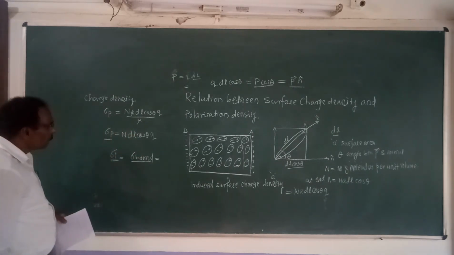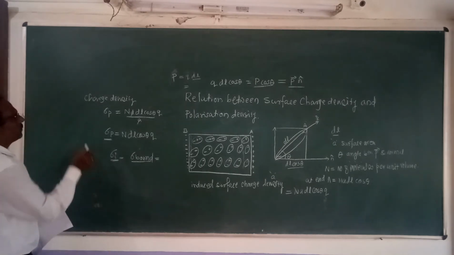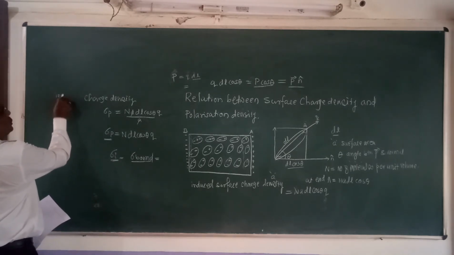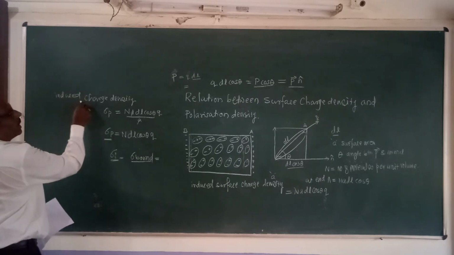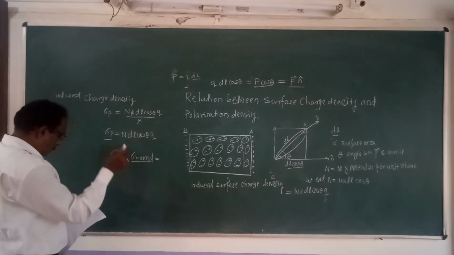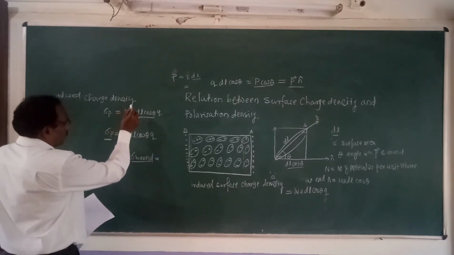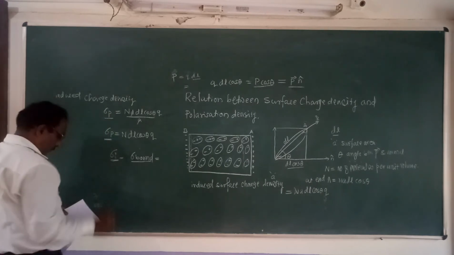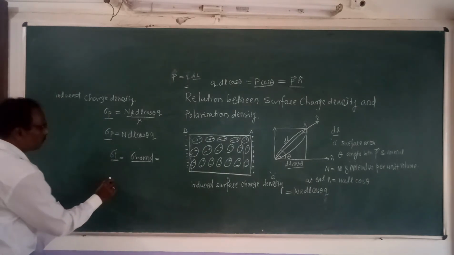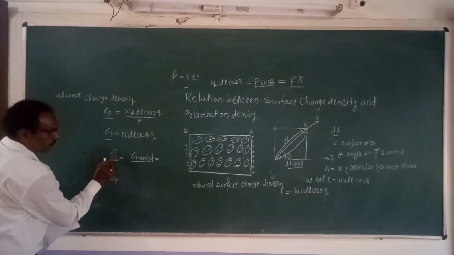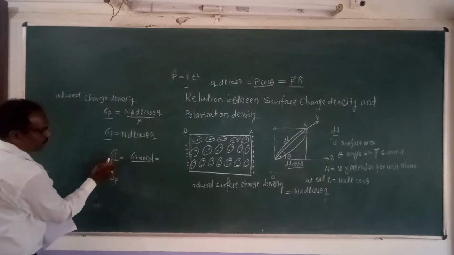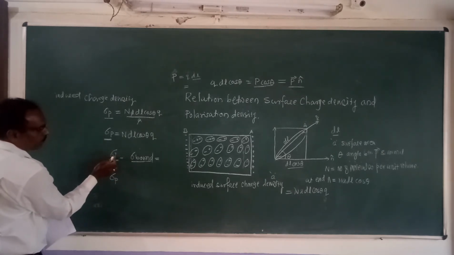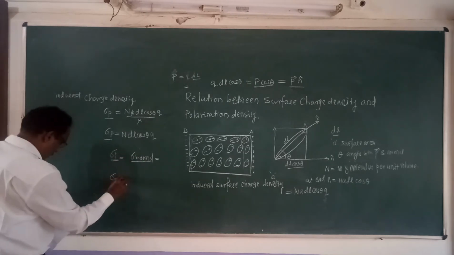So the induced charge density is given by sigma p, which in some books or literature is indicated as sigma I or sigma bound.